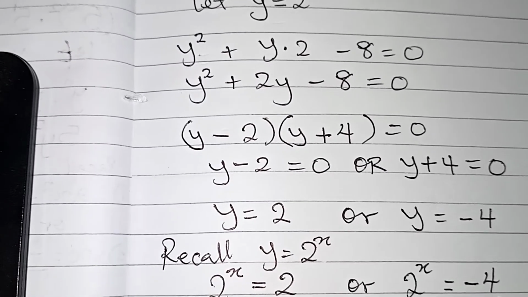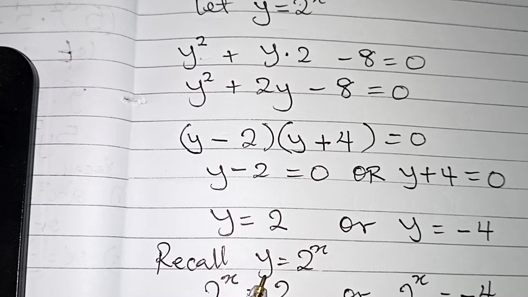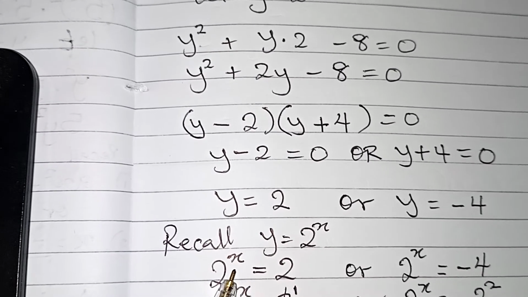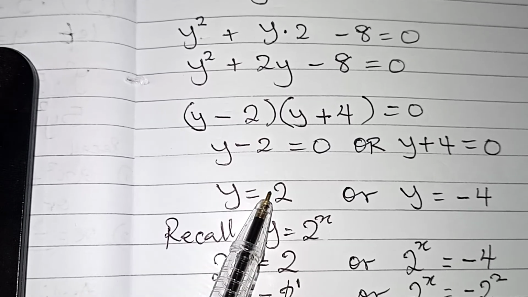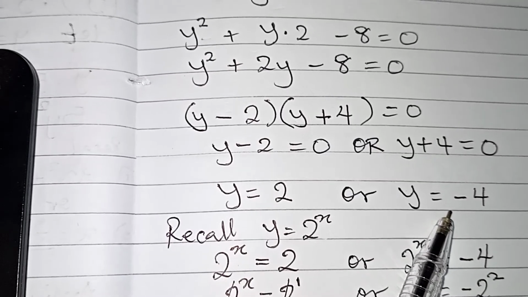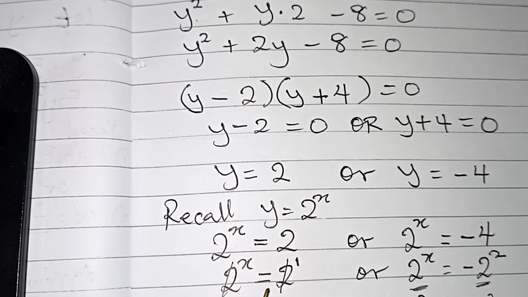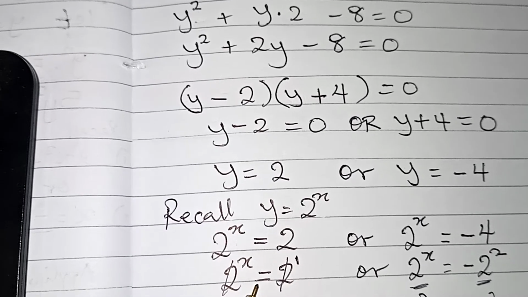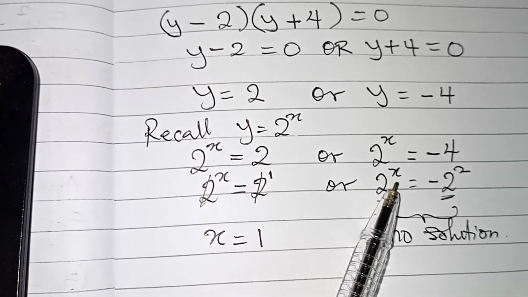So you recall that you said y should be equal to 2 raised to power x. You introduce the y, not from the question. So replace whatever y is in place of your expression, which is this and this values. You have this to be this. This 2 is the same as raised to power 1, so the 2 can cancel out, while your x can come out as 1. Why for this?